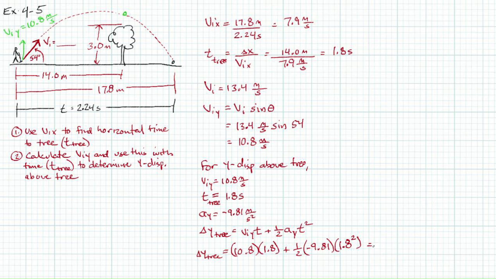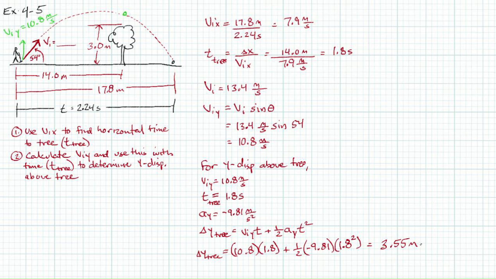Key that into your calculator, and our displacement at the tree is 3.55 meters. That's where the ball is above the tree.